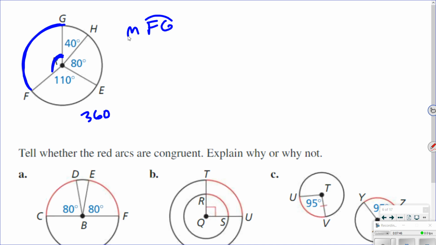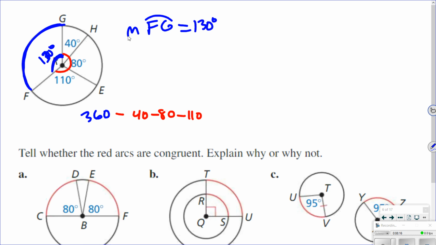I can subtract off all of this over here. So minus 40, minus 80, minus 110. So that'd be 120, that'd be 240. So 240 minus 110. Is that 130 degrees? So the measure of FG is the same as the measure of that arc right there, which if I did my math right is 130 degrees. So the measure of arc FG is 130 degrees.